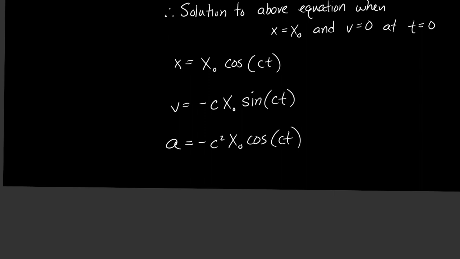Those boundary conditions were that x was at its maximum displacement at time equals 0, and the velocity was 0 at time equals 0. Those are boundary conditions, but those boundary conditions forced us to choose the cosine function over the sine function. So the reason why x is in terms of cosine isn't because there wasn't another solution, but because it met up with our boundary conditions better.